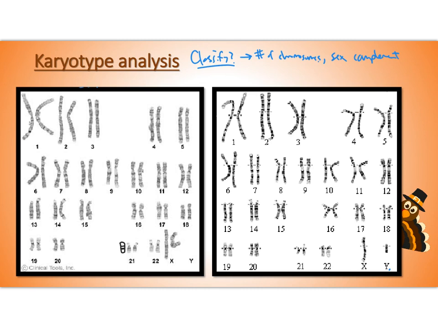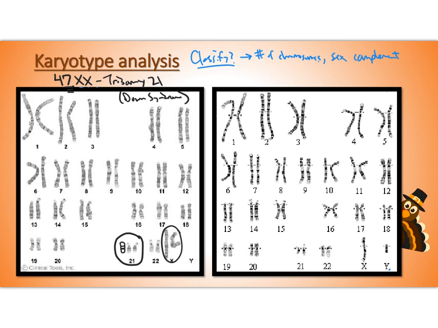Now, when you look at this karyotype, you notice, hey, wait a second. There's 3 copies of chromosome 21. So now what we're looking at is a different classification, right? This one is going to have 47 total chromosomes, but it's still XX for a female, right? And so we could classify this as 47XX, and we give a little more detail. That's trisomy 21 or Down syndrome.